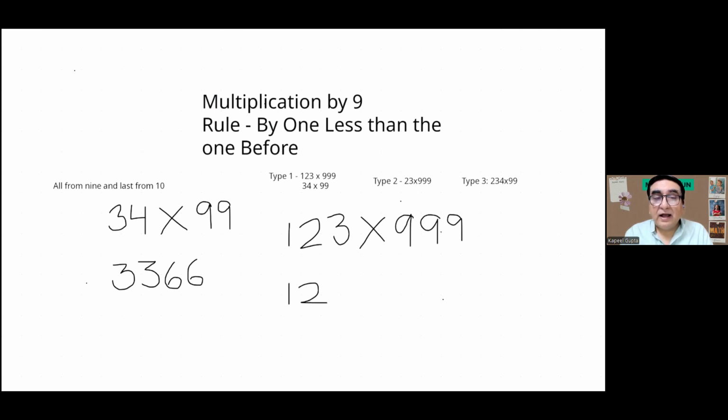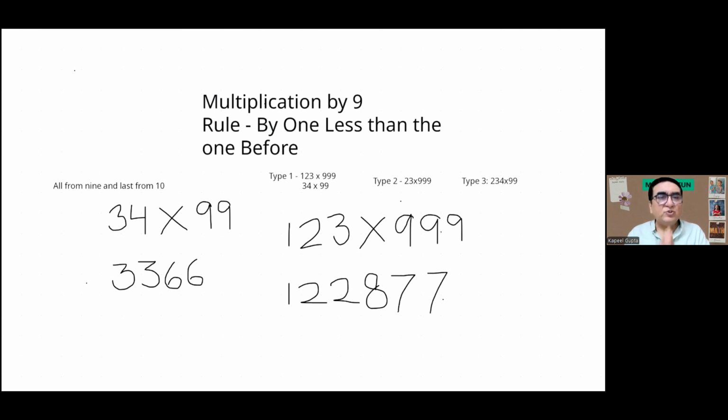And now I'll find the complement of 123, subtracting from 9. So 9 minus 1 becomes 8, 9 minus 2 becomes 7, and the last one from 10, so 10 minus 3 becomes 7. Simple. And I have the answer.